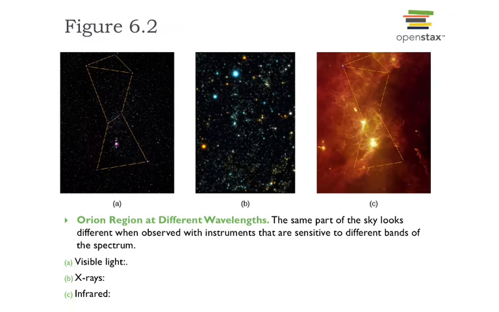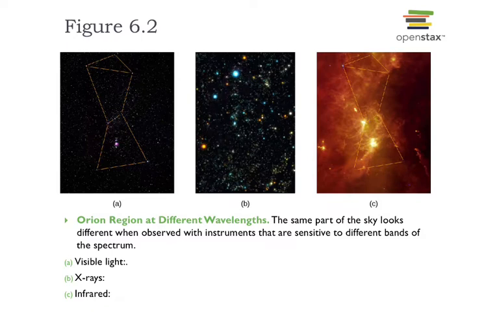Here we have an image of Orion's nebula, and we can see it in three different wavelengths. In visible light, the first image, it's a bit faint. We don't see too many characteristics. We see some bright features in the center, but fairly dim around. Now in X-rays, we're able to detect objects that were a bit fainter.